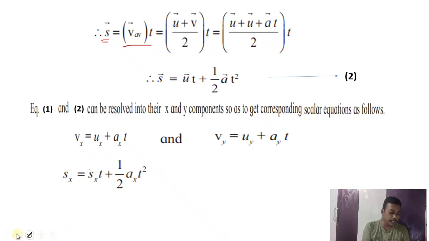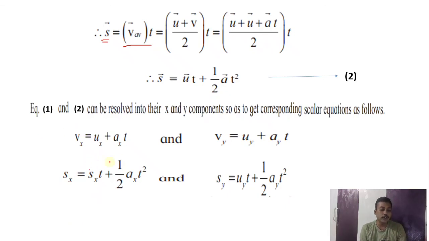So make the correction here: uxt plus half axt square. Similarly, the y component is sy is equal to uyt plus half ayt square. Like uy, we have to replace it here. So there is a mistake here, please correct it. It is not sx but ux, the x component of initial velocity.